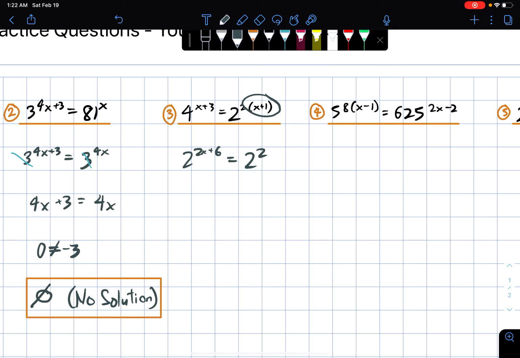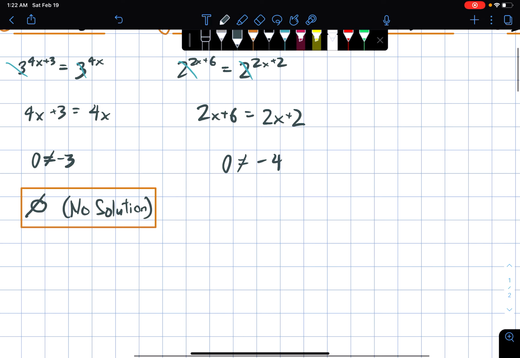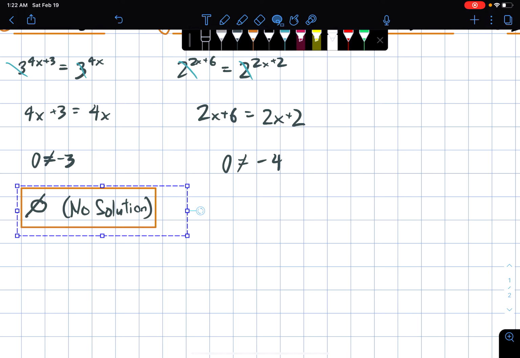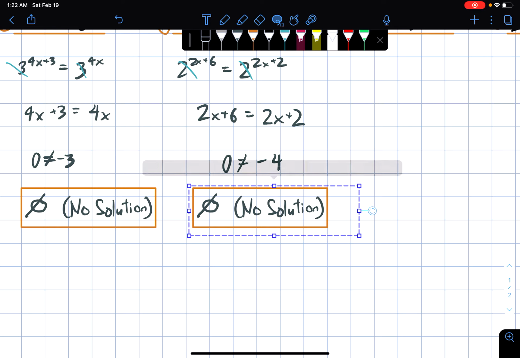Simplify with the distributive property, 2x plus 2. Then we cancel the bases, 2 and 2, and place the exponents in the base place. So 2x minus 2x is 0, and 2 minus 6 is negative 4. 0 is not equal to negative 4, therefore, our answer is no solution, or a null set.